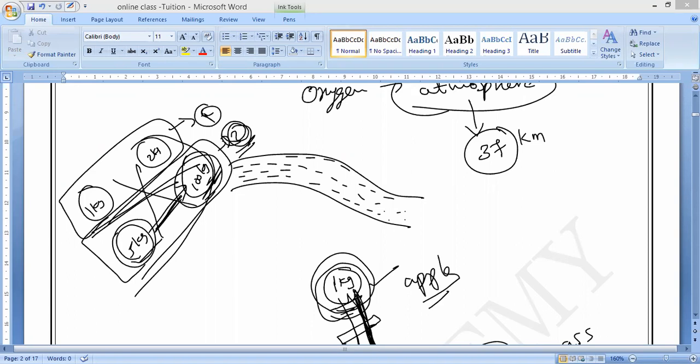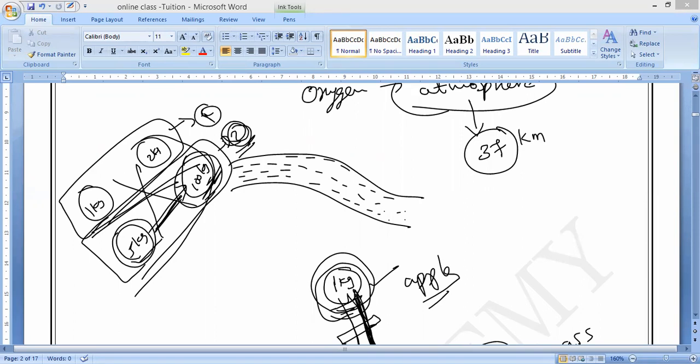Throughout the universe, wherever you can go, this universal law of gravitation is always constant.